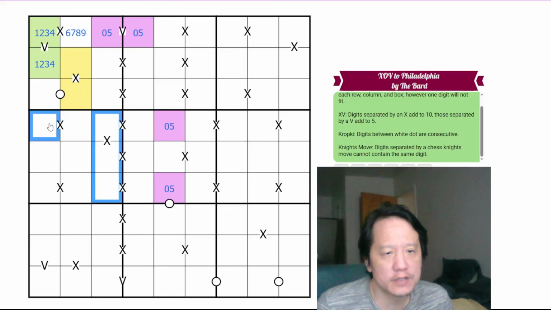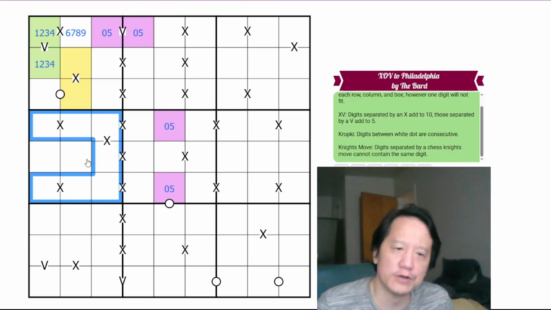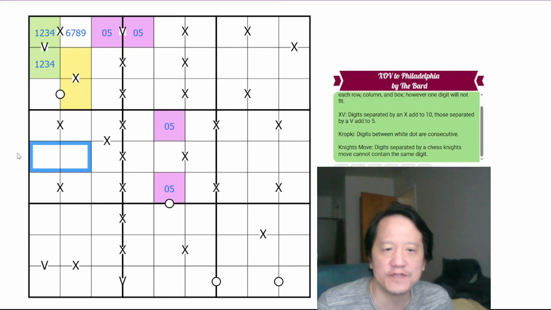These are all next to X's. Okay, one thing we know is this cannot be two 0, 5s here.